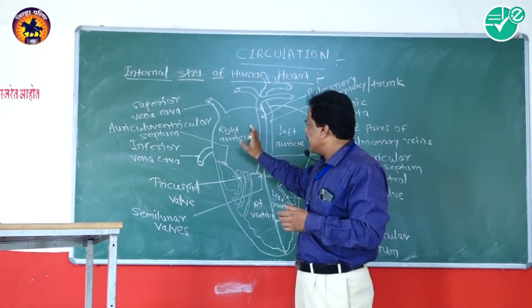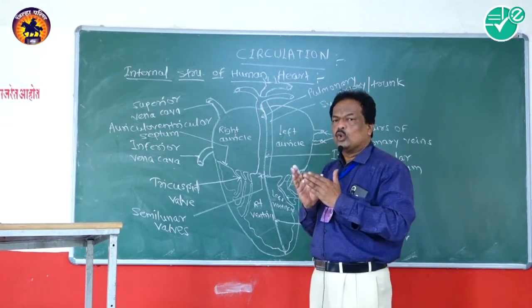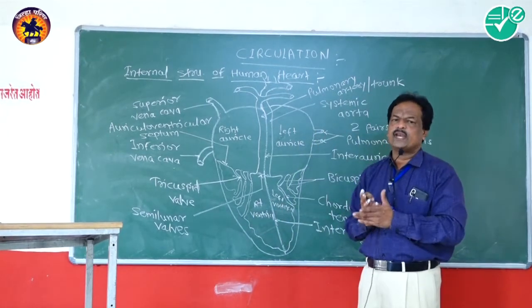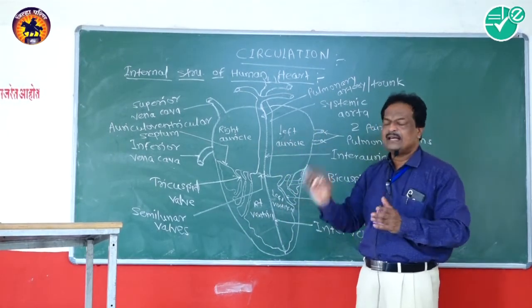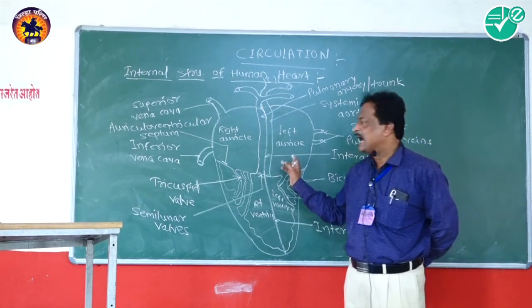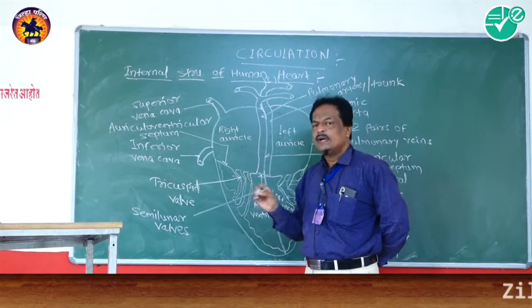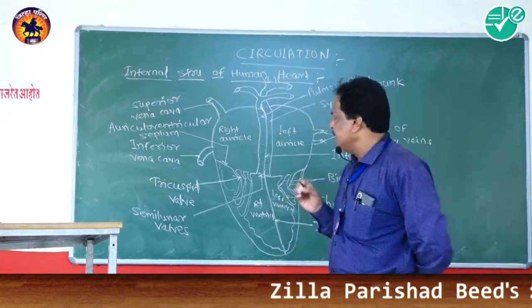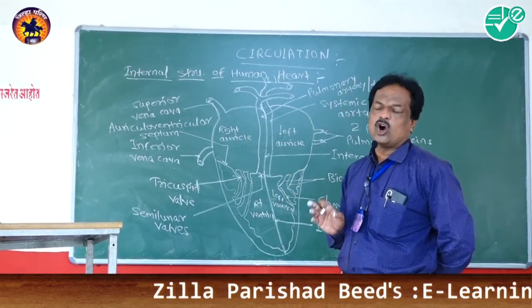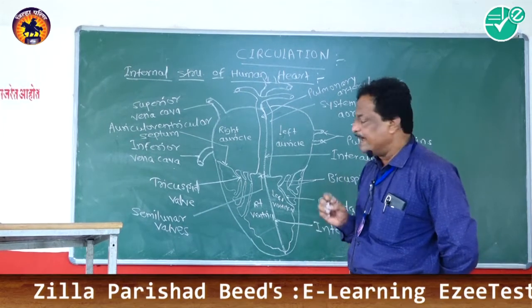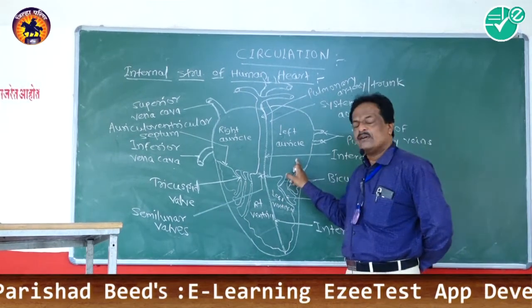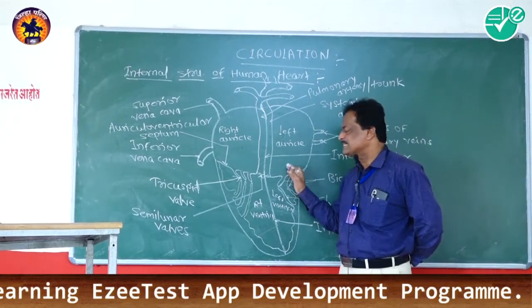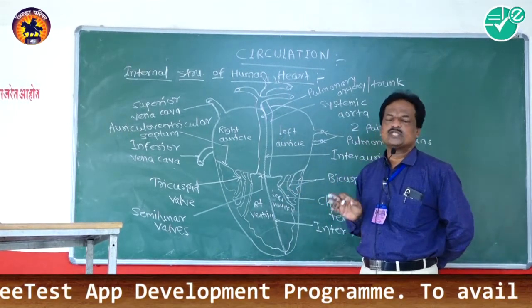The right and left sides are totally separated from each other. There is no communication between the right and left sides in the heart. The right side of the human heart deals with impure or deoxygenated blood, while the left side mainly consists of pure or oxygenated blood.